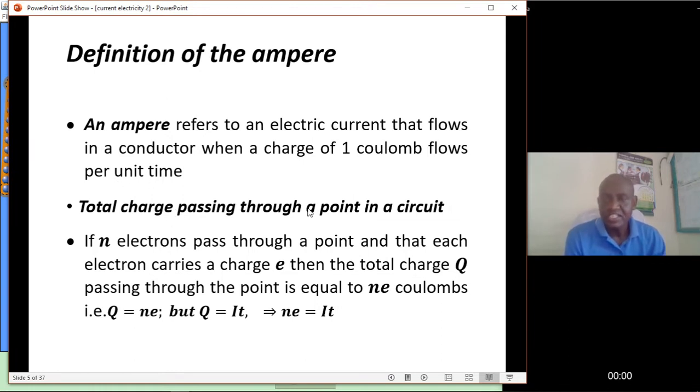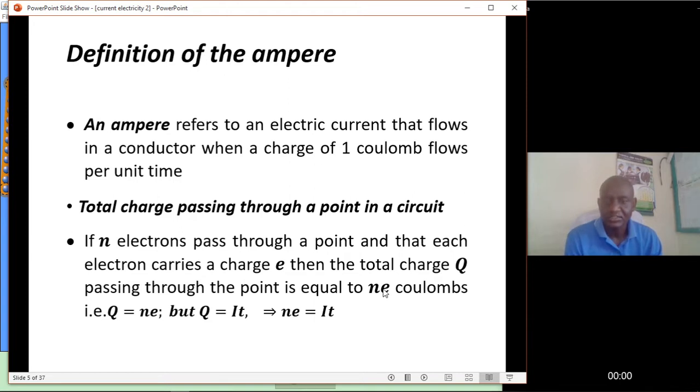Total charge passing through a point in a circuit. If n electrons pass through a point and each electron carries charge e, then the total charge passing through the point is equal to the number of electrons times the charge they carry.